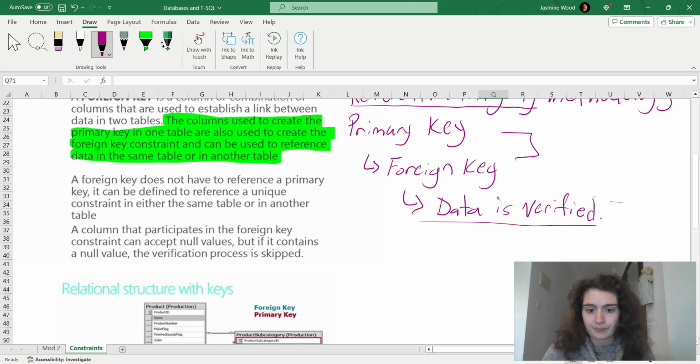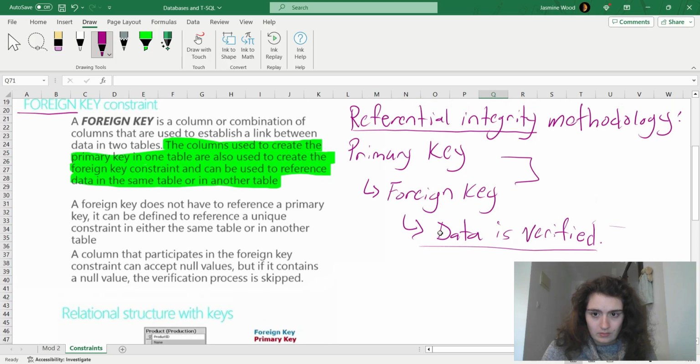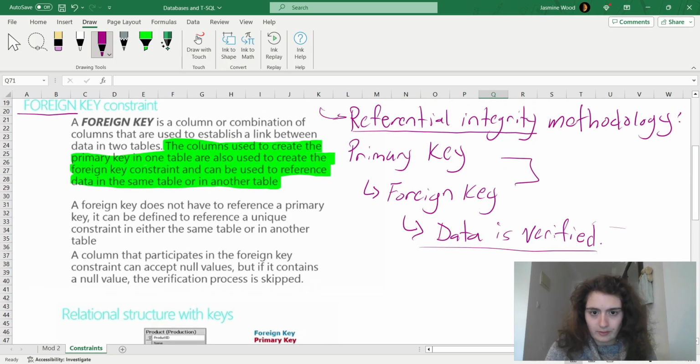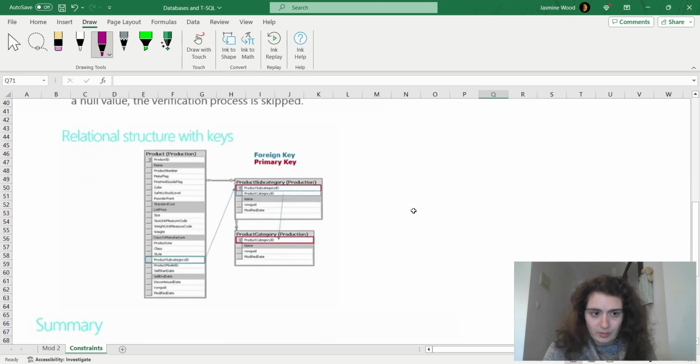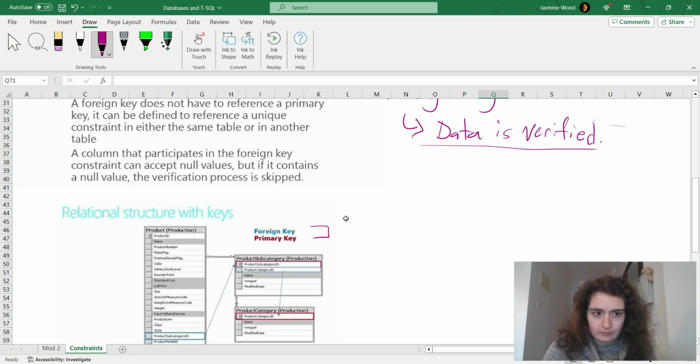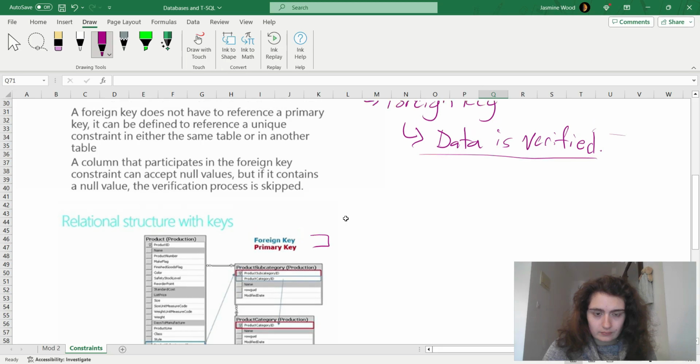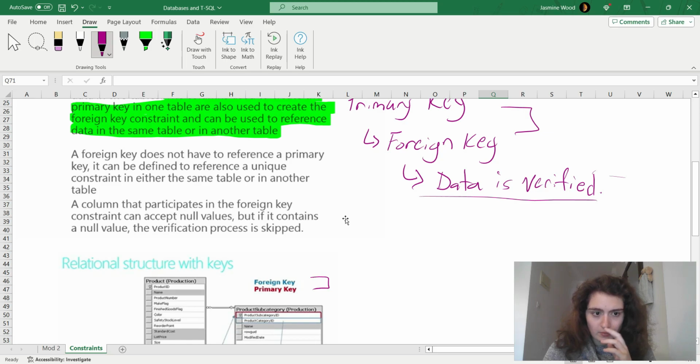So that's why they're used, essentially, for the referential integrity of the database system. So this diagram depicts a typical relational structure between, again, the primary key and the foreign key. There are some cases in which the foreign key does not necessarily reference a primary key, but in many cases it does.